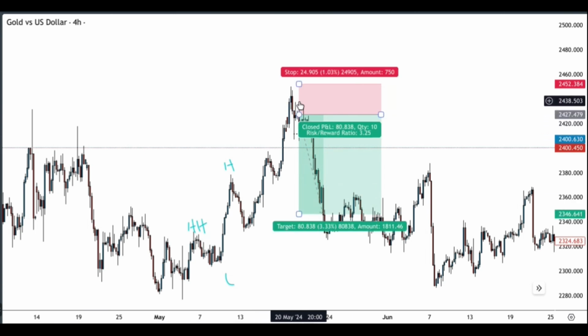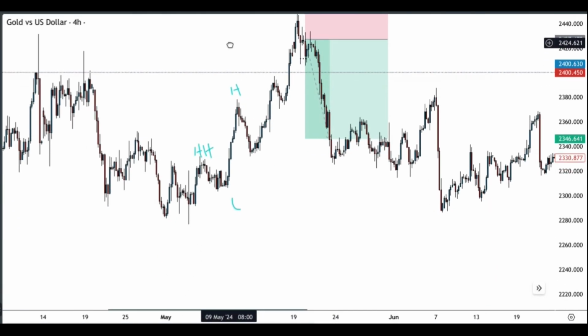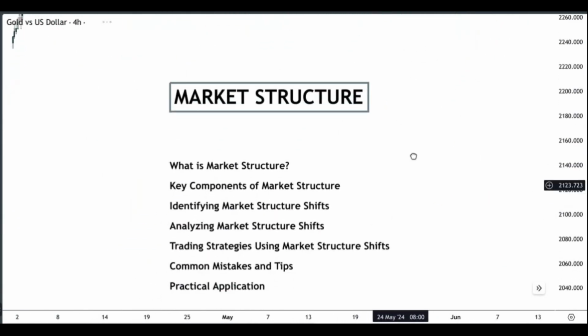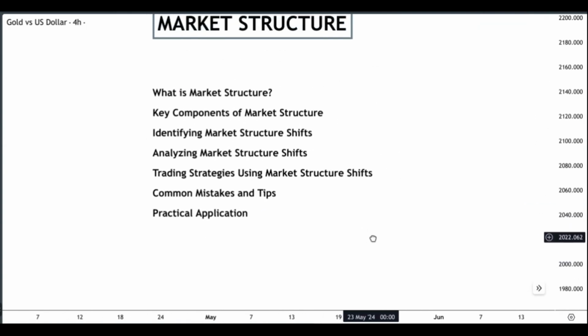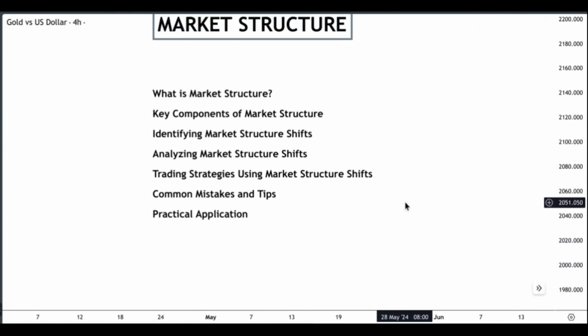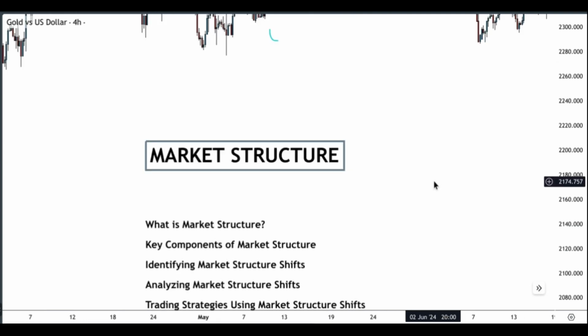And that was our confirmation. Secondly, you also need to use additional indicators like the RSI and the moving averages to help you confirm more for better accuracy. And that is it, guys.